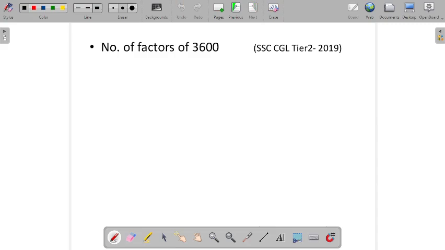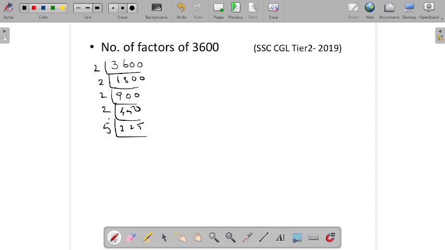Okay, next question is number of factors of 3600. This question was asked in SSC CGL Tier 2 in the 2019 examination. First of all we need to find the prime factors of 3600. Let us find out. 3600 divided by 2 is 1800, 2 gives 900, 2 gives 450, 2 gives 225.